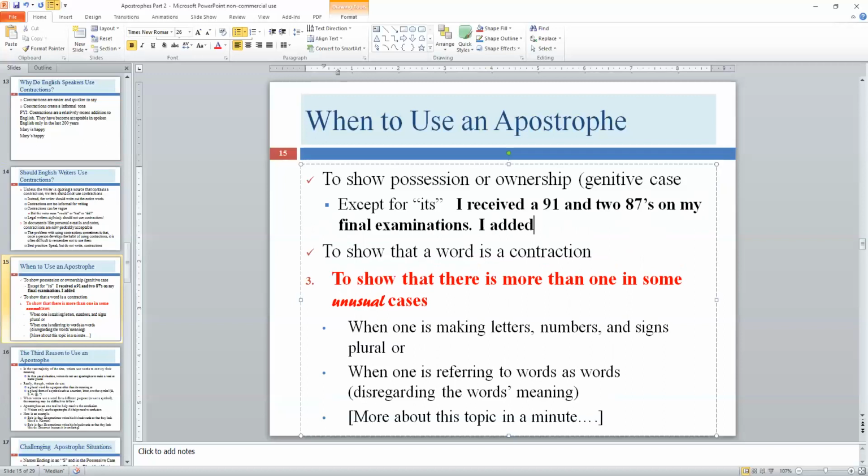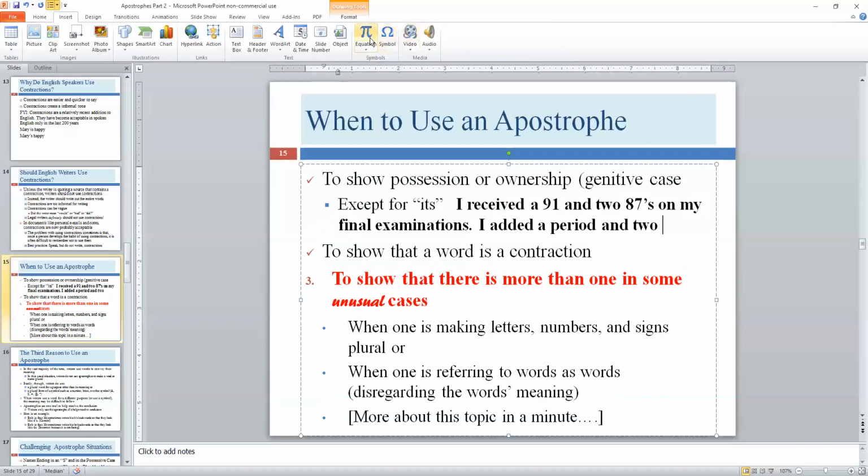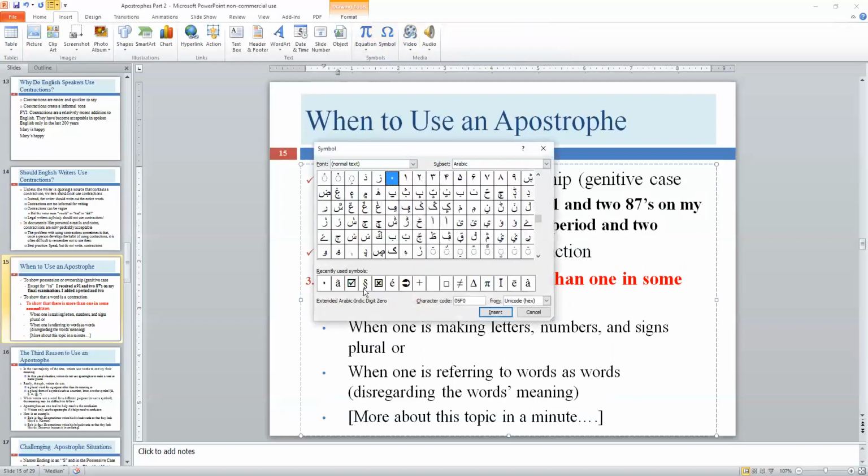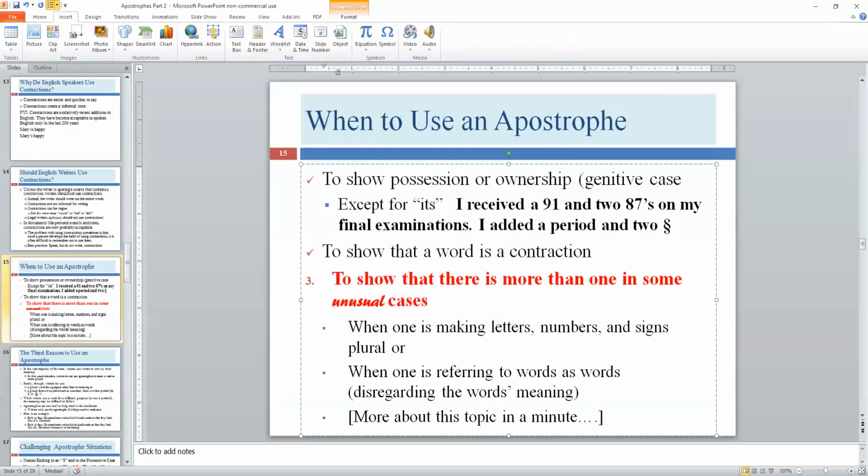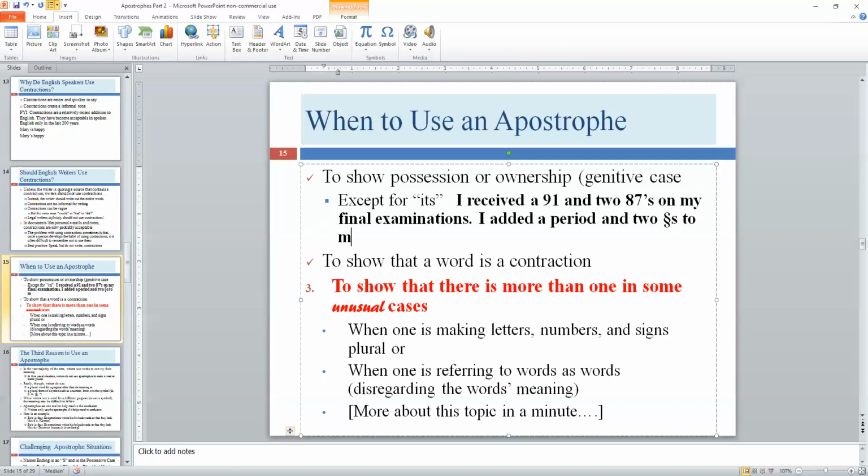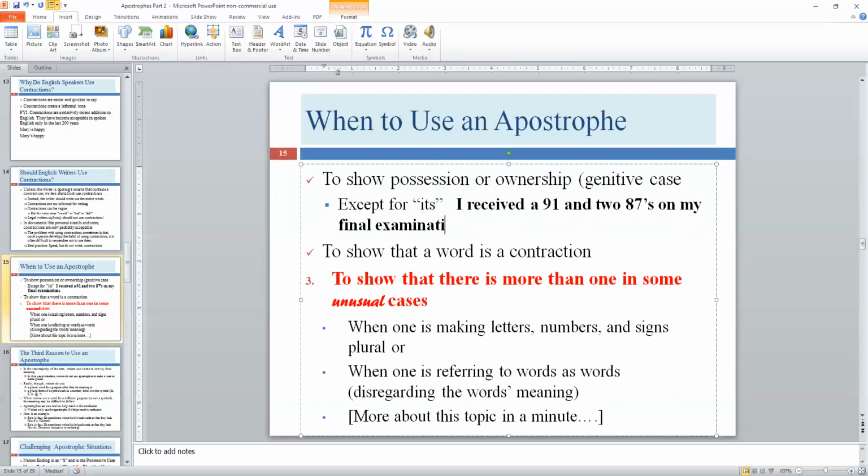I added a period and 2. I'm just going to add this section to my final draft. Well, I am using the section symbol. I could just use a section symbol with the S, or I could use an apostrophe here. So those are some examples of how you can use the apostrophe. It's not essential, though.